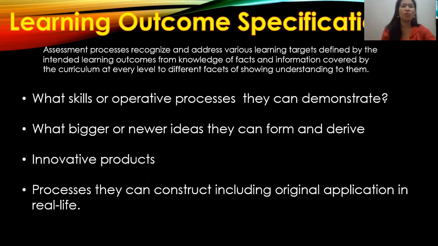What skills or operative processes they can demonstrate, what bigger or newer ideas they can form and derive, innovative products and processes they can construct, including original application in real life. So these processes are considered learning targets that include knowledge, skills, and reasoning.